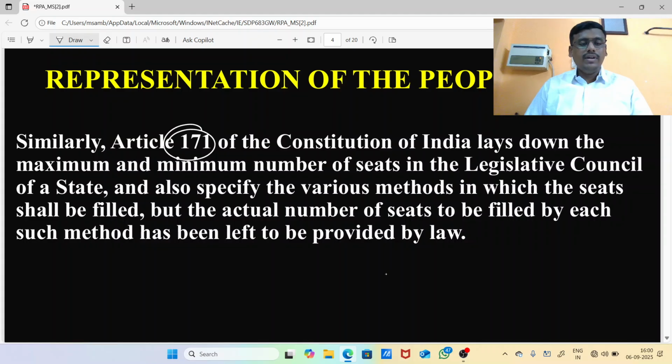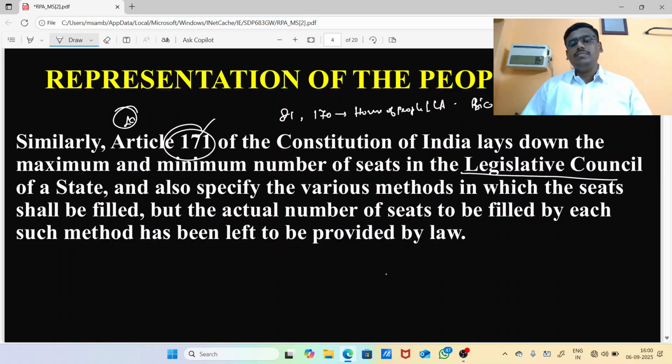Similarly, Article 171 of the Constitution of India lays down the maximum and minimum number of seats in the legislative councils. So Articles 81 and 170 speak about the House of the People, which is the Lok Sabha, and the legislative assemblies. Article 171 speaks about the legislative council, which is bicameralism.